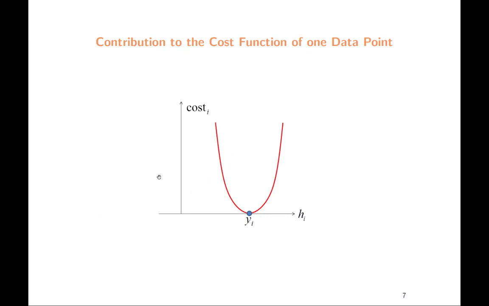The really nice thing is this squared loss function, because if you consider one data point and you plot the contribution of this data point to the cost, if you vary hi, then if you have a perfect match, there's zero contribution, and then if you go away from this match, the cost increases quadratically.